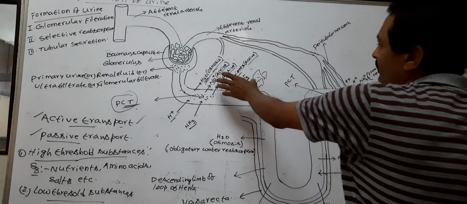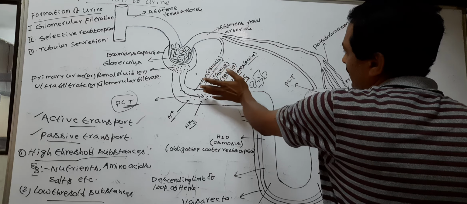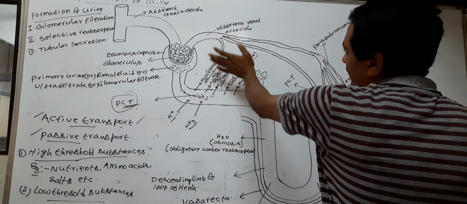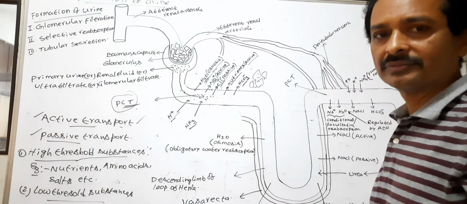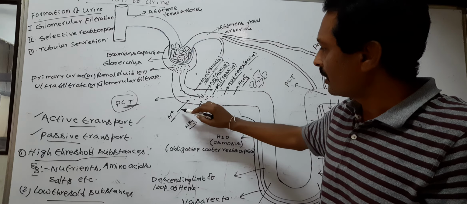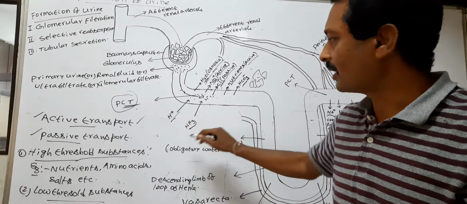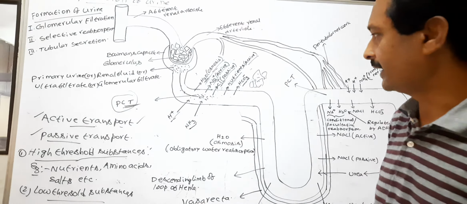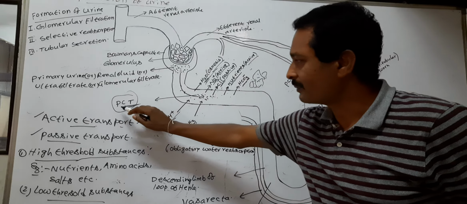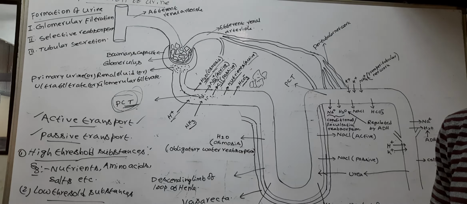So the majority of contents of primary urine is reabsorbed into cortical fluid. From there, these enter the blood stream. Next, hydrogen and ammonium are secreted into primary urine from cortical fluid. This is the absorption and secretion in the proximal convoluted tubule.